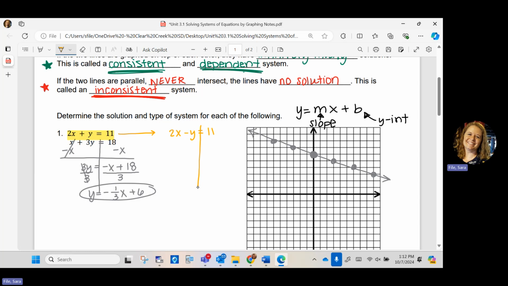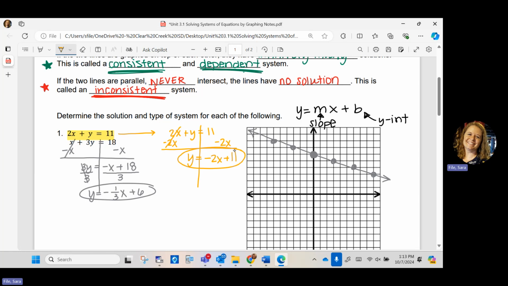So I'm going to move the x by subtracting 2x, which leaves me with y equals, it's going to be positive. And then I cannot combine those, so I'm going to write the x term first and then the constant. Now this one, there's no coefficient in front of the y, so there's nothing to divide over, so that's it. That's my equation, y equals, so now I'm ready to graph that one.